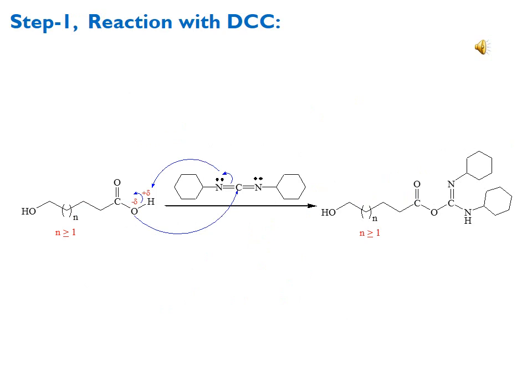Here is the first step of this reaction, in which the hydroxy carboxylic acid is going to interact with DCC. In this case we are taking dicyclohexylcarbodiimide, DCC. Here you can see the structure of DCC, in which both nitrogens bear lone pairs and the central carbon is attached to these two nitrogens through two double bonds, so it is highly electrophilic in character.